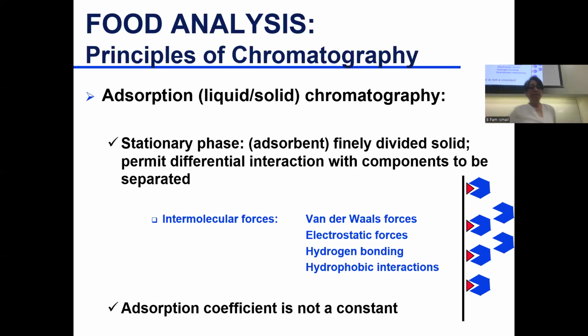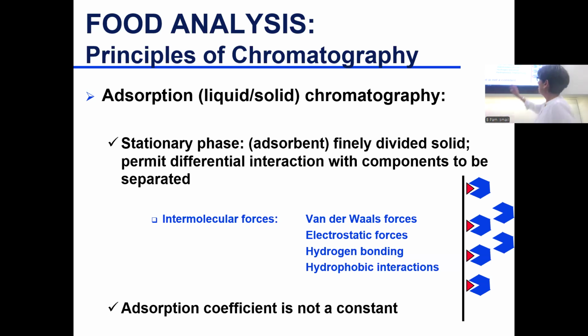So your stationary phase is the adsorbent. Finely divided solid, so a small particle size. The smaller and the more uniform, the better the resolution. And it allows differential interaction. So the interaction with different components is very specific.